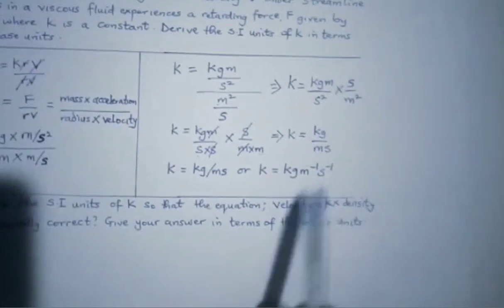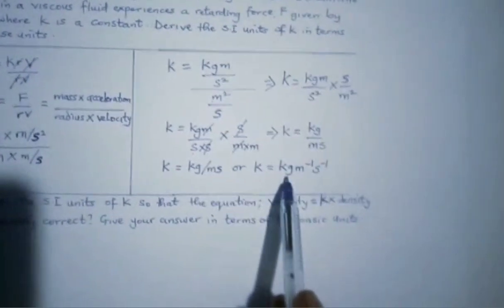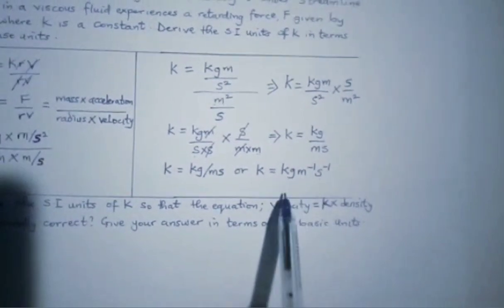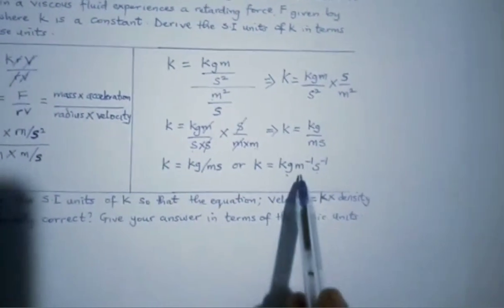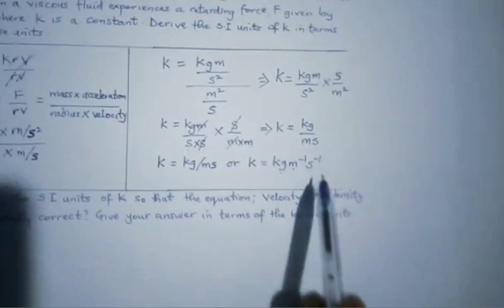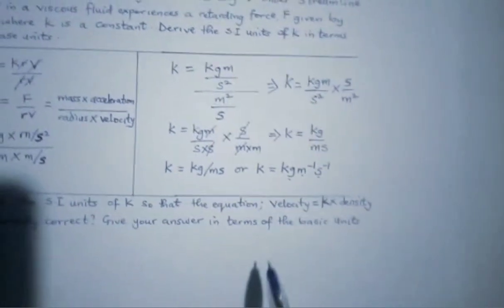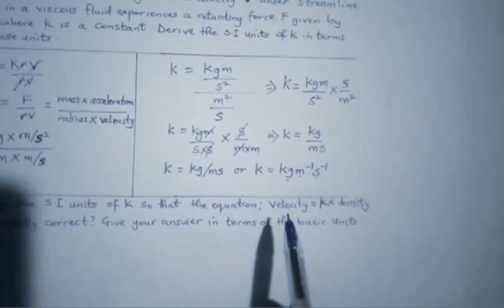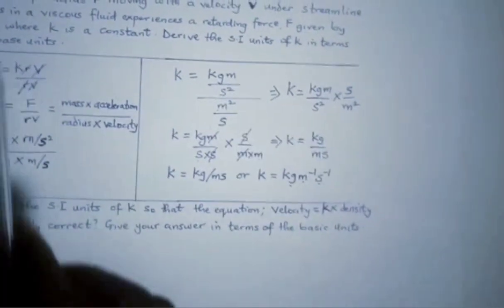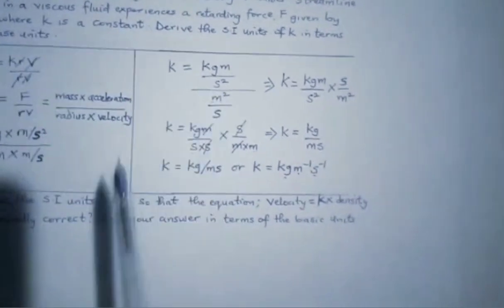You can observe that all our units are base units. Kilogram is a base unit, meter is a base unit, and second is a base unit. So that is what it means to derive the SI unit of K in terms of the base units.